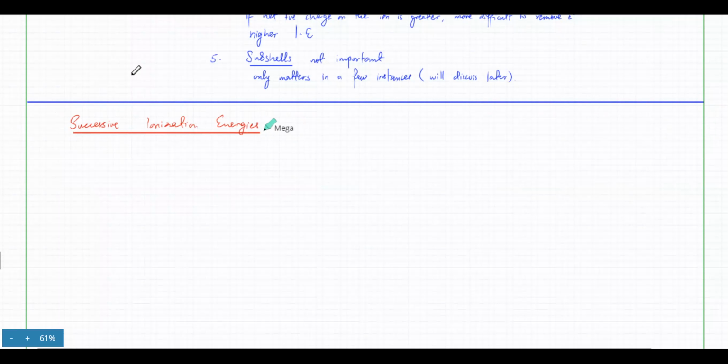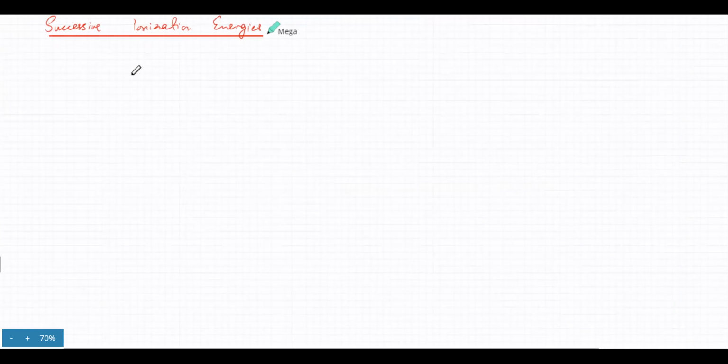So, what is successive ionization energy? Successive ionization energies is when you successively try to remove electrons from the same atom.